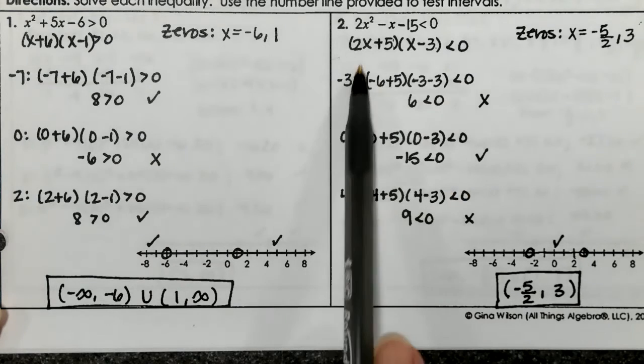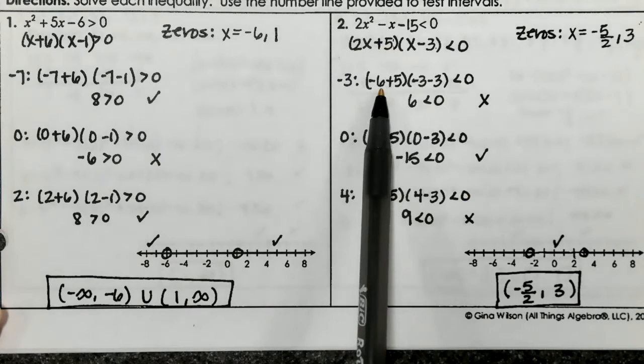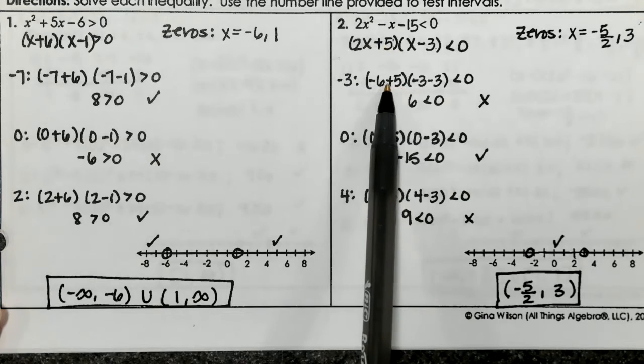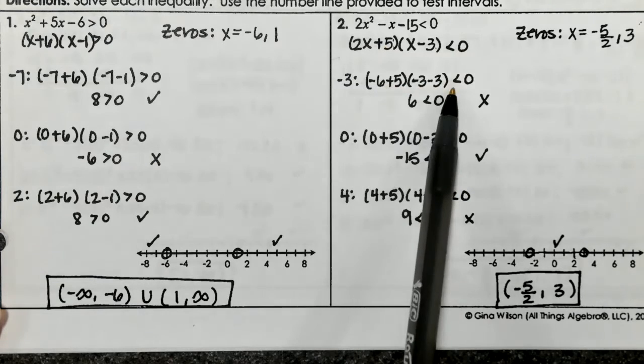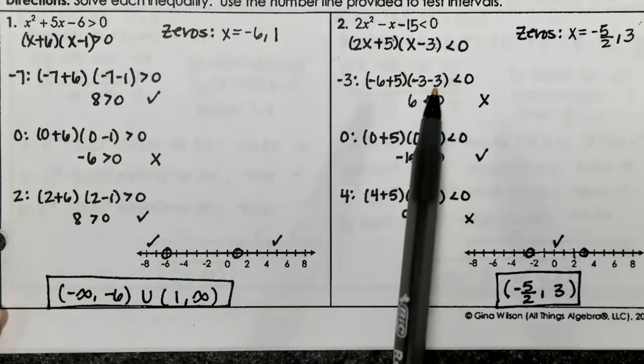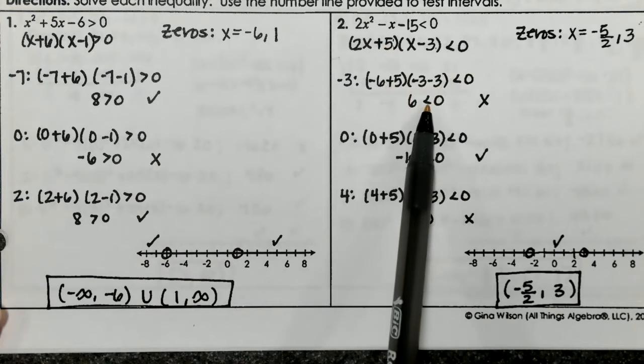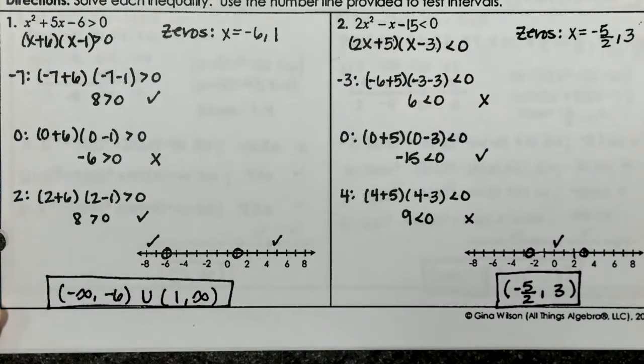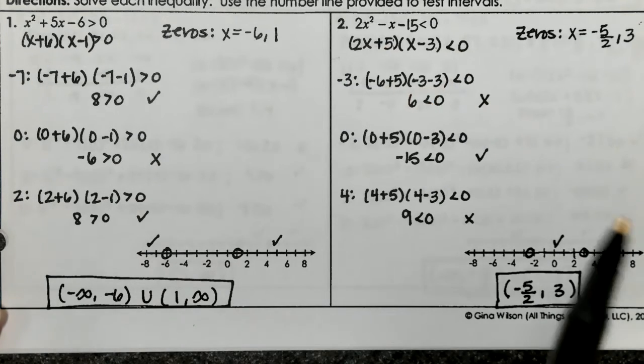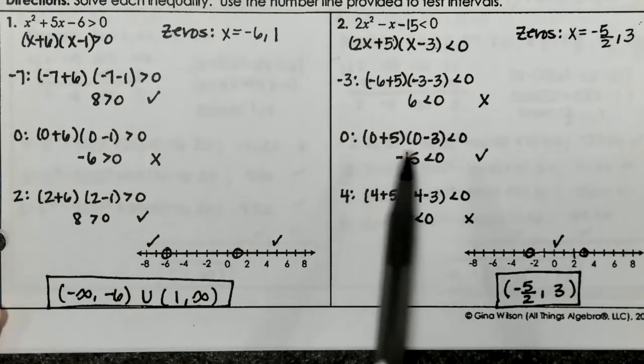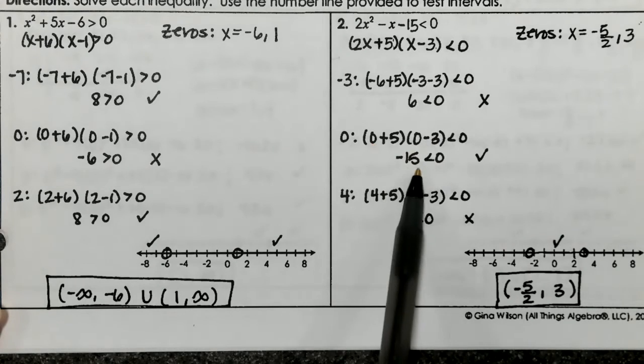So here we have -3. If we plug that in, we have -6 plus 5, so that's -1 times -6. So we have +6 is less than 0, not true. So here, when we plug in 0, that one works out.